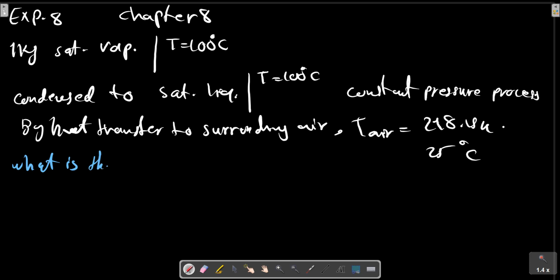The net entropy of the water plus surrounding.